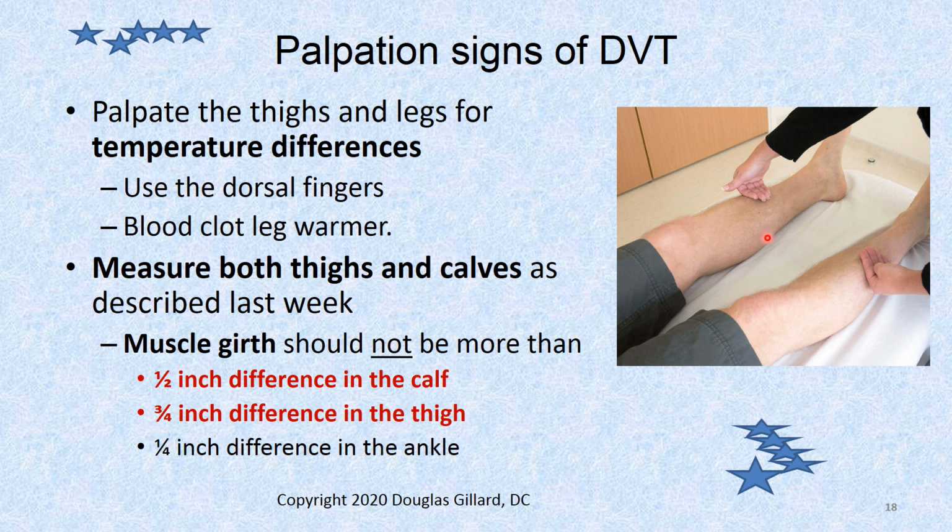You get out your tape measure, too, and measure the calves. If there's a quarter inch difference, it's okay. If it's a half inch difference, if it's swollen up, this is the sciatica leg. It measures 16, and this one measures 15.5. They go to the ER. That's swollen, whether you can find the swelling or not. That's got to be checked. So you've got to get that tape measure out.